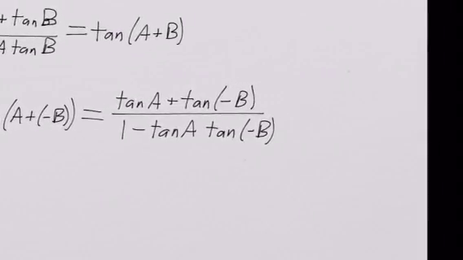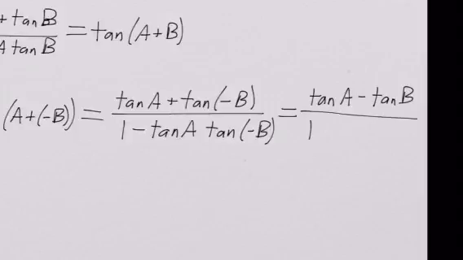And then we can use our negative angle identities. The tangent of a negative angle is negative the tangent of that positive angle. So we get tangent of A minus tangent of B over 1.